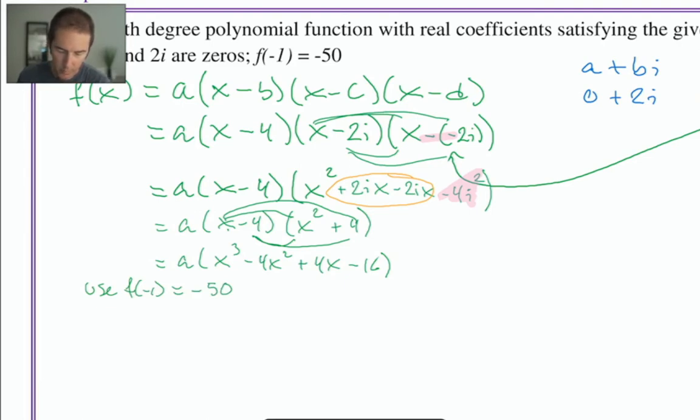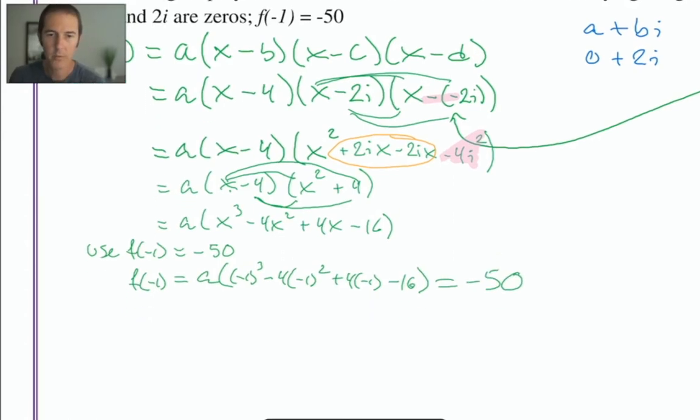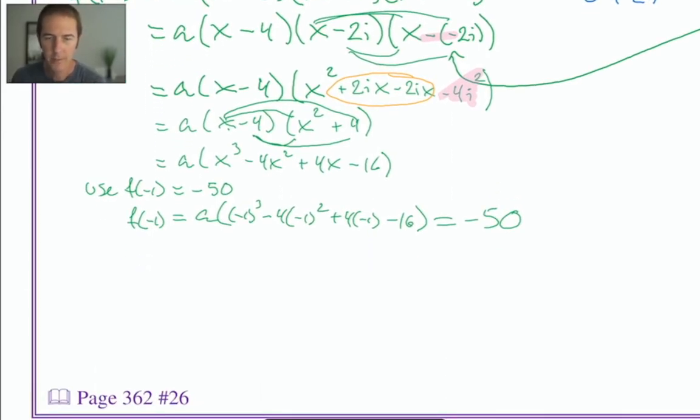So how should I write that? f of negative 1 equals a times negative 1 to the third minus 4 times negative 1 squared plus 4 times negative 1 minus 16. And remember, f of negative 1 equals negative 50. So I'm going to go ahead and put equals negative 50 over there. Now let's figure out what all this stuff in parentheses equals.